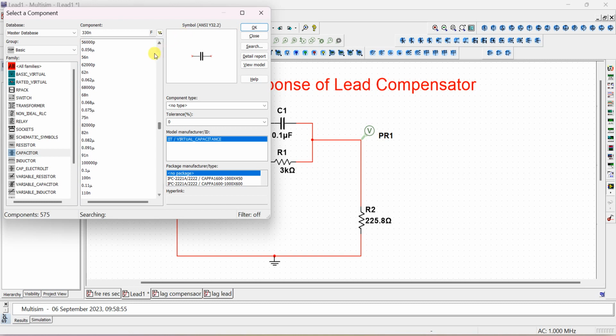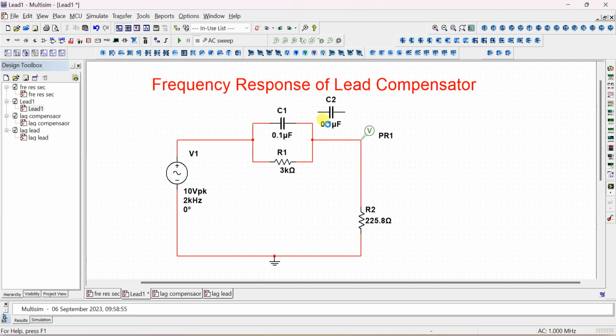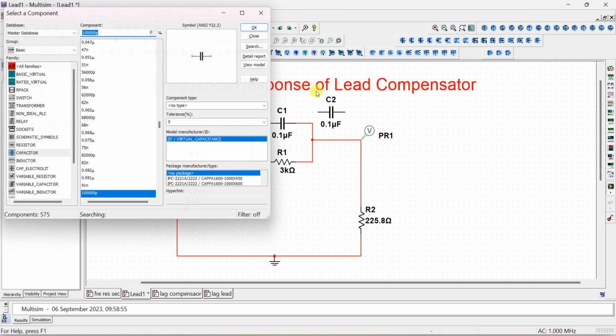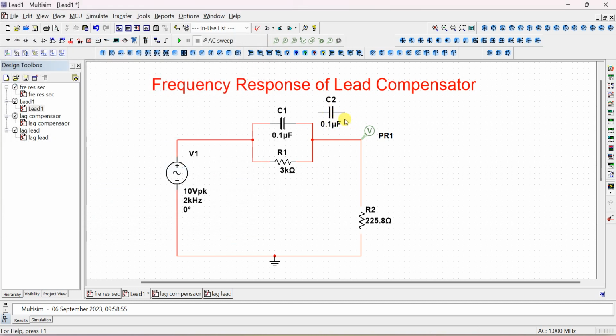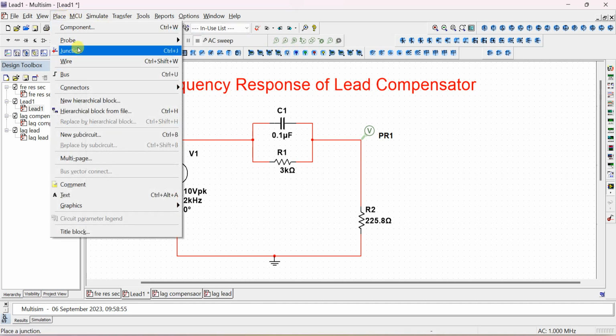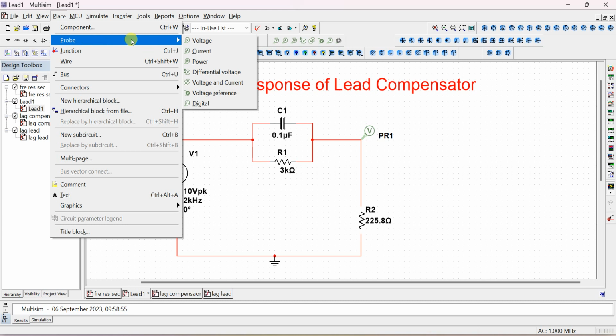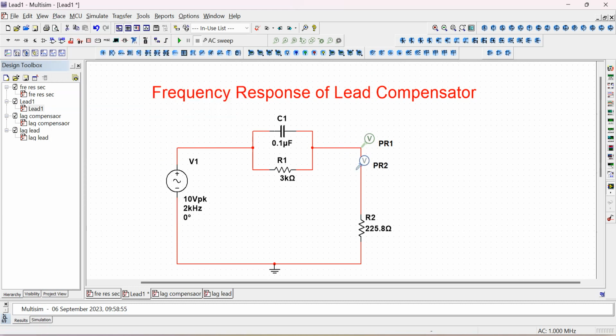You can type one micro like this, and after that you have to make the connection as shown in the figure, and place one probe here. Probes are available in place probes. Go to place probe, voltage probe. You can place it like this, on the wire.